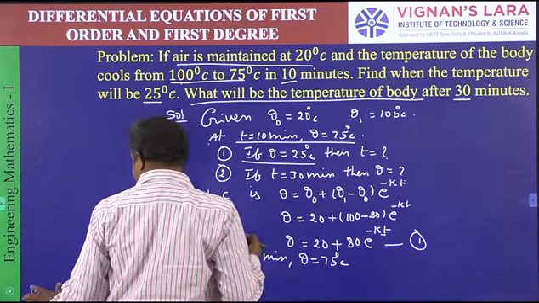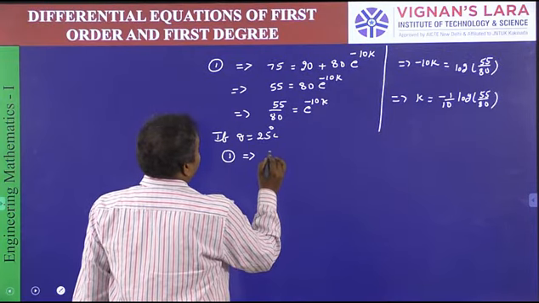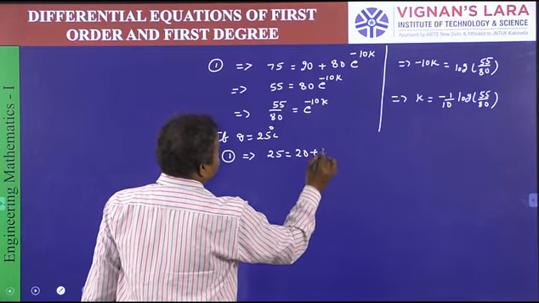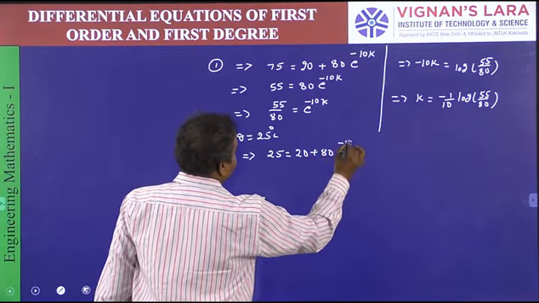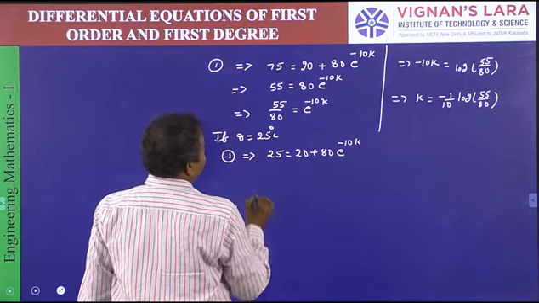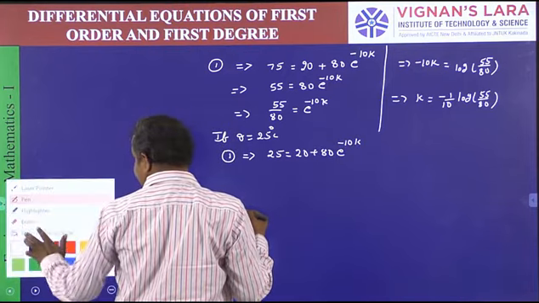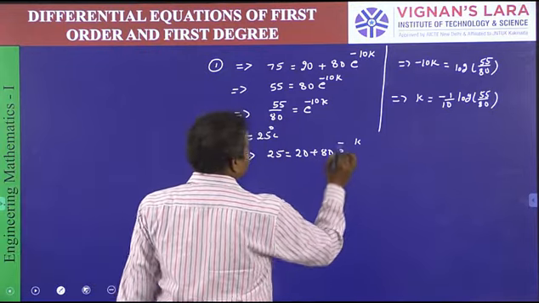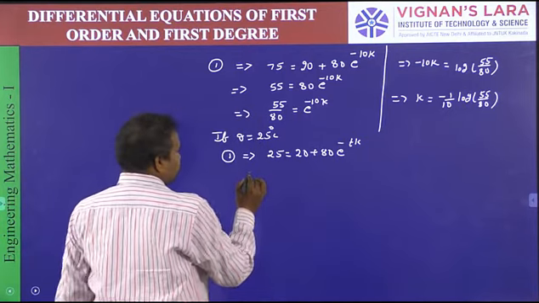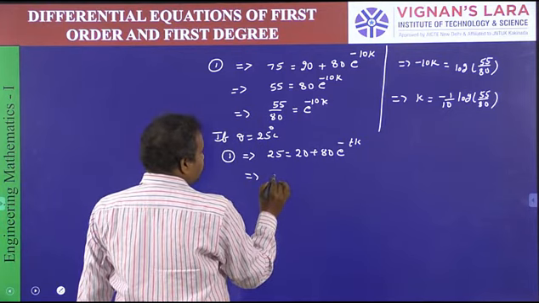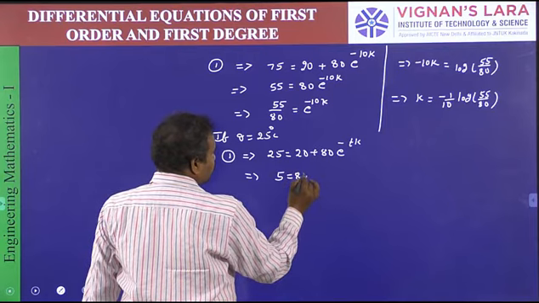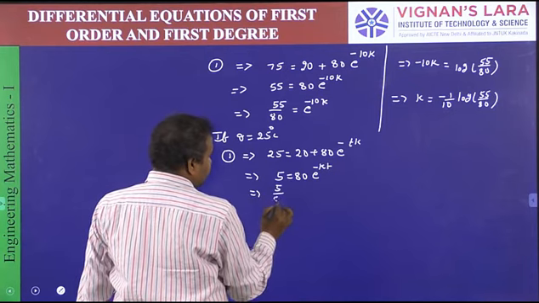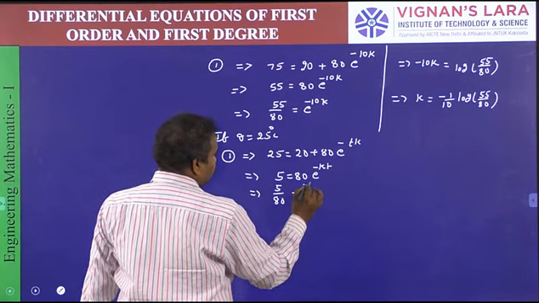Substitute that one here. 25 is equal to 20 plus 80 into e power minus kt. 25 minus 20, 5 is equal to 80 into e power minus kt. 5 by 80 is equal to e power minus kt.